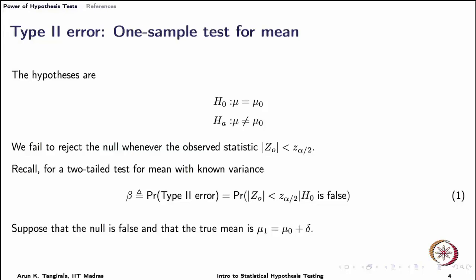Z observed remains the same, Z1 remains the same, except that instead of beta being the probability of Z observed being in the interval minus Z alpha by 2 and Z alpha by 2, for the upper tail test, for example, you would have beta as the probability of Z observed less than Z alpha. Of course, given that H naught is false, and likewise for a lower tail test, the probability that Z observed is greater than minus Z alpha. That is it. Otherwise, everything else remains the same.